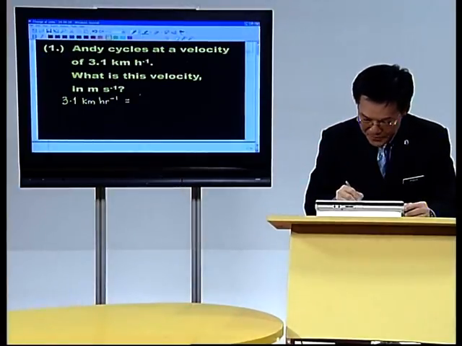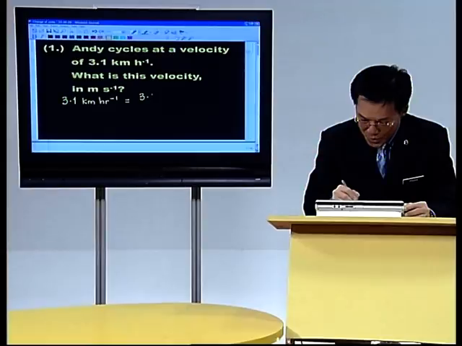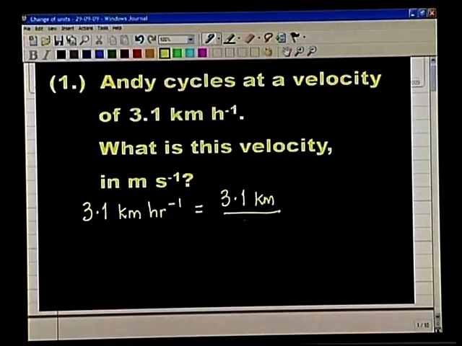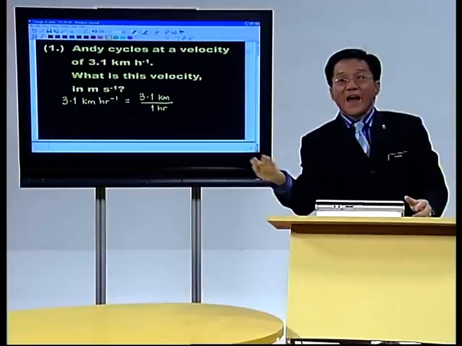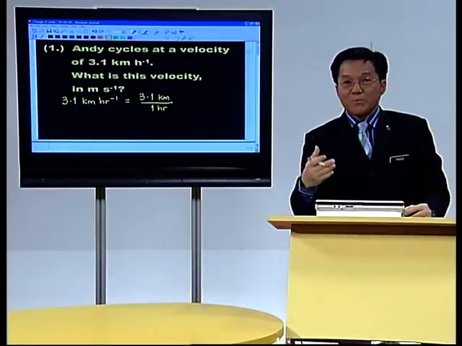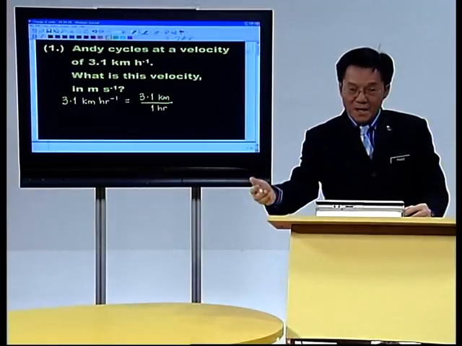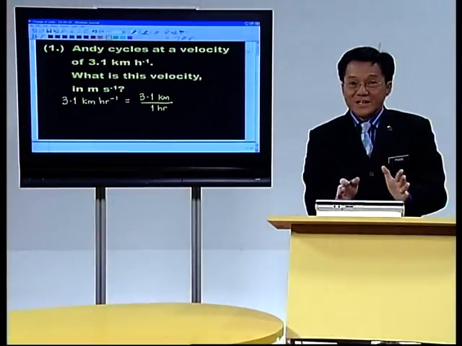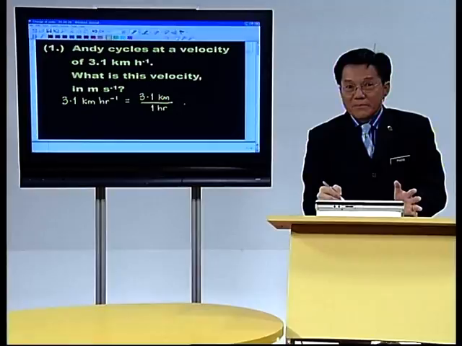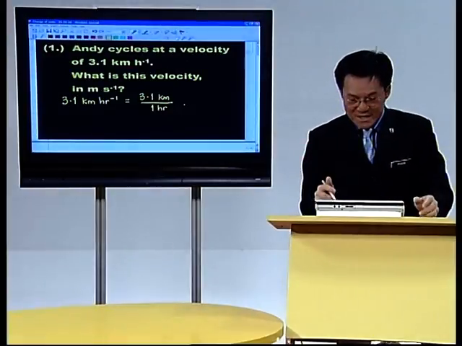What do I mean? 3.1 kilometers per hour. Per hour means divided by 1 hour. For every 1 hour, it is 3.1 kilometers per 1 hour. So once you have written this second step, the rest of it becomes easier.